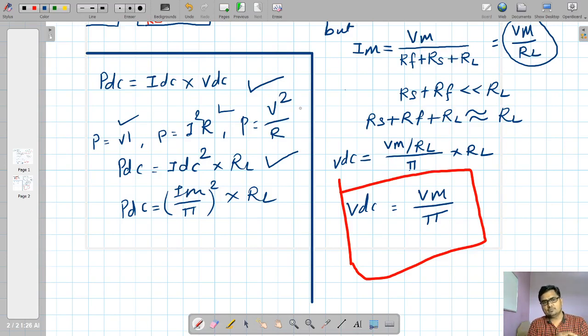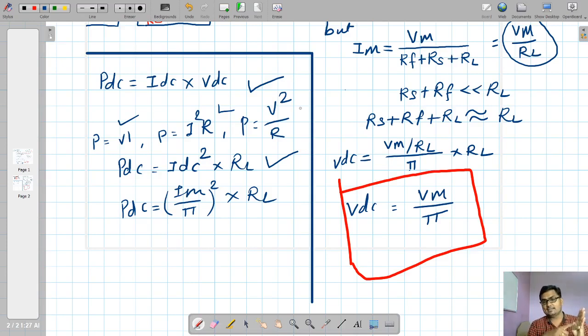So this is all about the DC parameters that I have calculated: DC current, DC voltage, and DC power. Now turn towards AC, that is AC current, AC voltage, and AC power. AC is always represented in the form of RMS value. So the notation for that parameter will be I RMS.